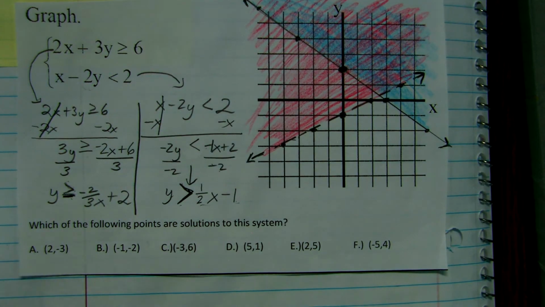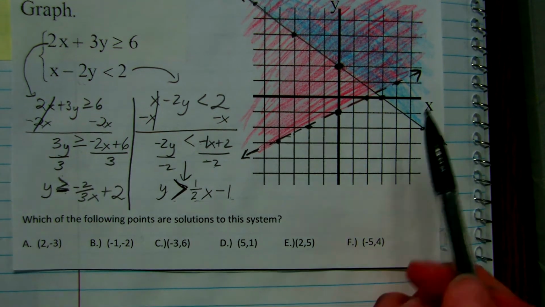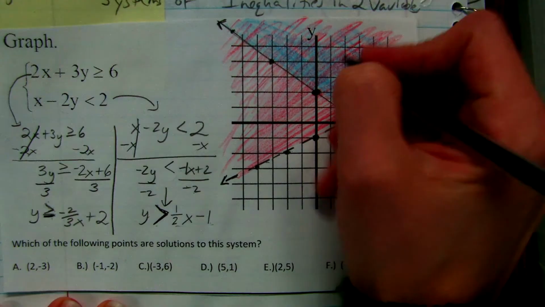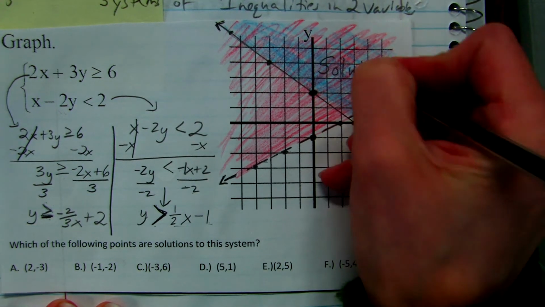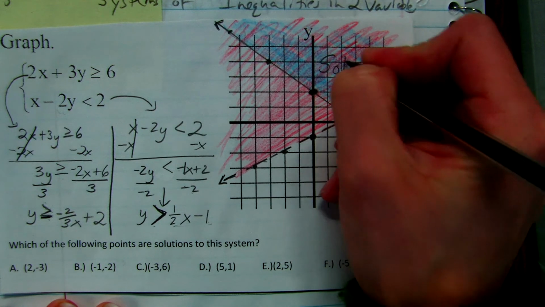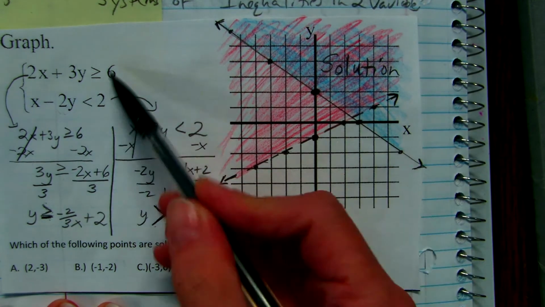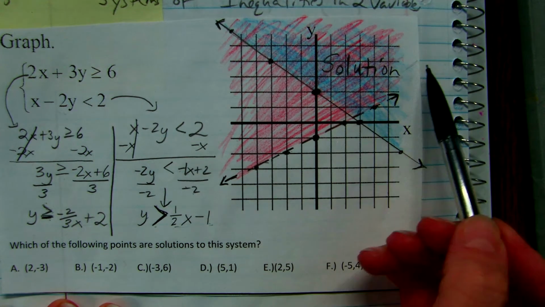And then, since this is a system of inequalities, instead of just having one solution region, we have two that overlap. And so this part up here is where our solution lies. If you can write that over the top of your coloring, you can write it or write it to the side and draw a little arrow. So this is the solution to both of those inequalities, up in here.